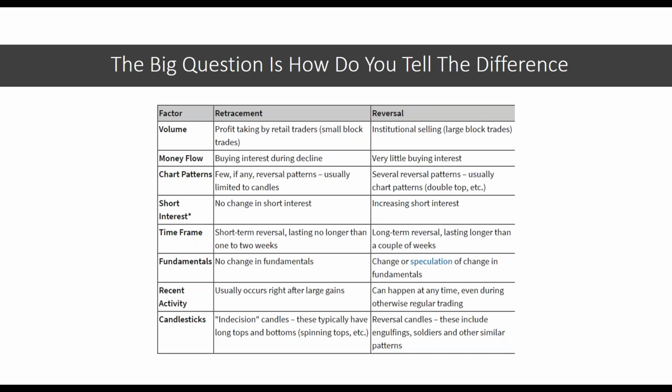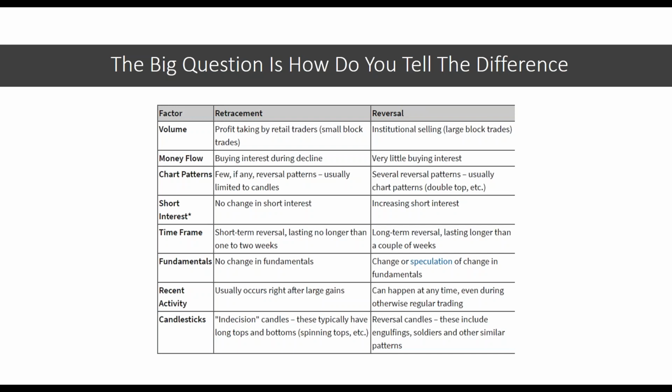Okay. Whereas if you're looking at a true reversal, you'll see engulfing patterns, bearish or bullish, depending on what you're looking at. You'll see three soldiers or other similar patterns that show you hardcore reversals, three black crows, three inside outs.